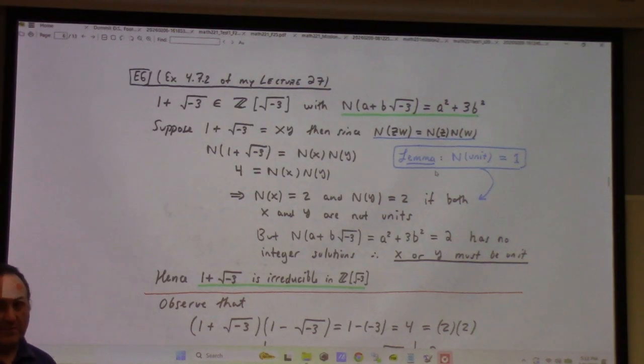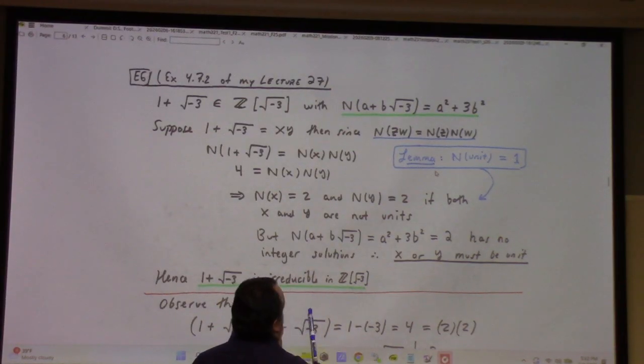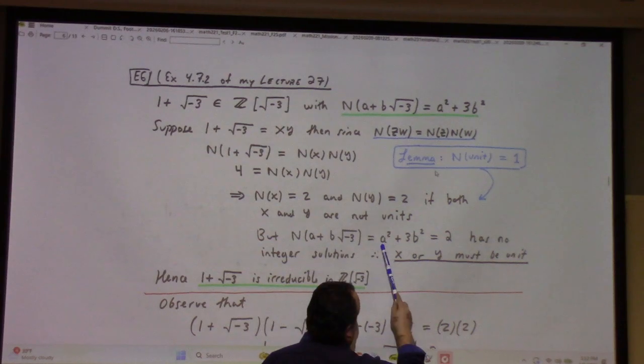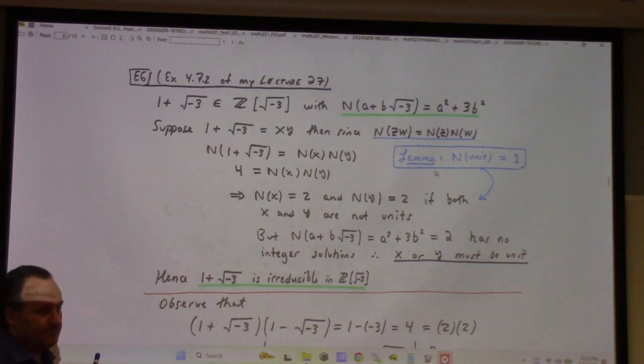I'm trying to show you that it's irreducible, right? So if it's irreducible, that means any factorization must have a unit. That has to happen because if I did have 2 and 2 here, that's the only thing I can do. It's also unattainable because there is no solution to this. You try it out. Plug in a and b integers. You can't solve that.